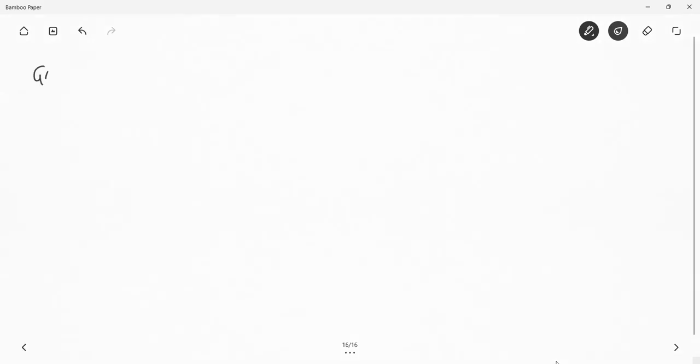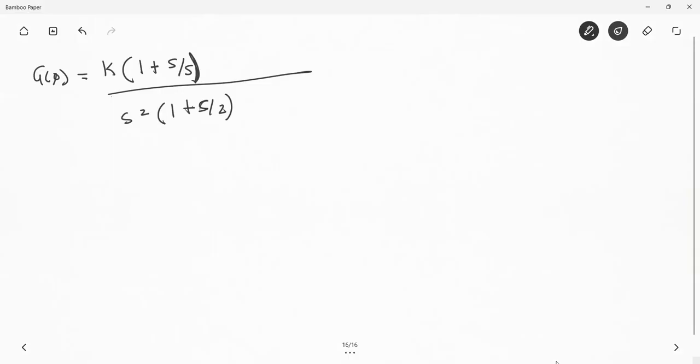See, g of s can be written as k into (1 plus s by 5), I told you now, the time constant in the normal form they are writing, then s square (1 plus s by 2), then (1 plus s by 25).